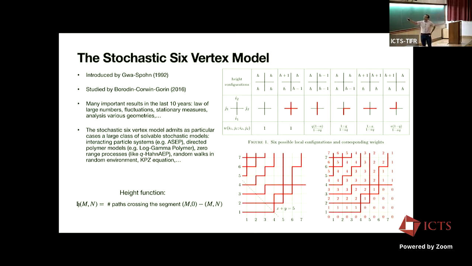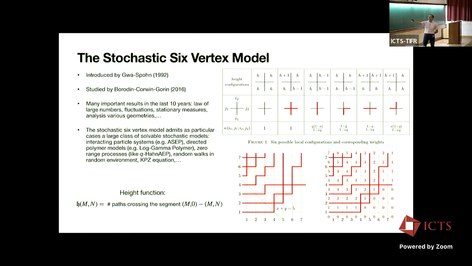The stochastic 6-vertex model can be thought of as a probability measure on ensembles of paths on a square grid, for example. We can think of this lattice as infinite in the left and right directions, but for simplicity, let's consider a finite lattice.